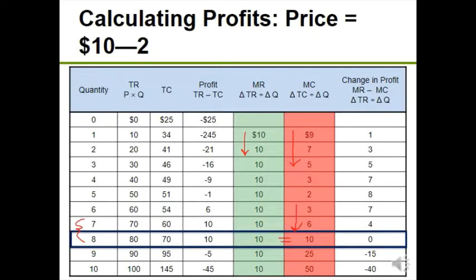Put it differently, if marginal revenue is equal to marginal cost, then our change in profit, marginal revenue minus marginal cost, is going to be 0, where we maximize profit.